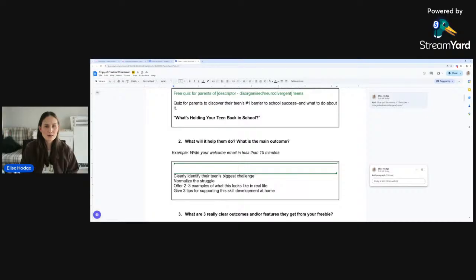So quiz for parents to discover. So discover, or maybe understand. Clearly the biggest issue, now correct me if I'm wrong, but what I'm understanding is that the biggest issue is that the parents want to know what is holding their teen back in school, or is it like, why is my teen struggling at school?